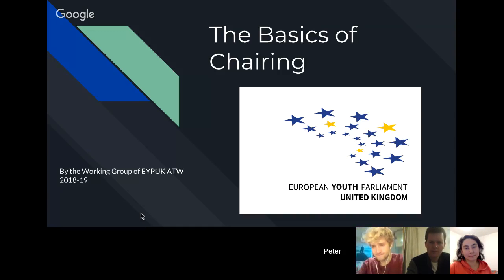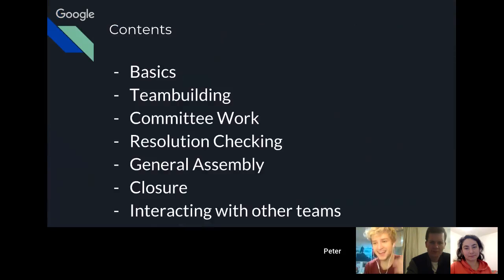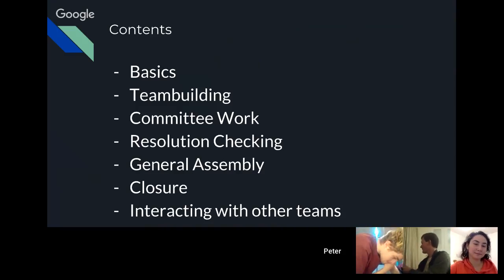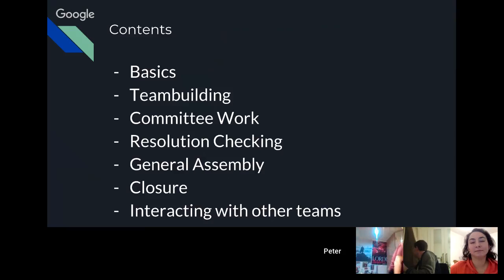So what we will cover is the very basics of chairing. We'll talk very briefly about what happens in team building, committee work, and resolution checking. Then we'll also talk a little bit about general assembly, closure, and maybe interacting with other teams, but I'm not really sure what that is at the minute. But yeah, we'll see.